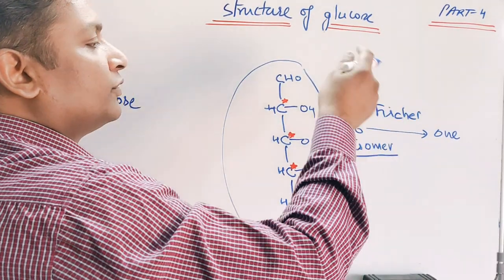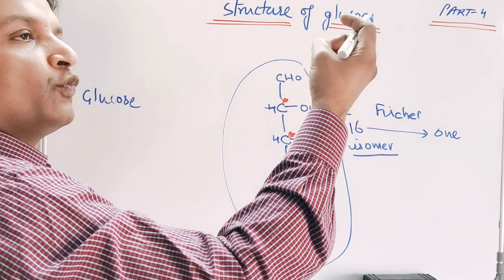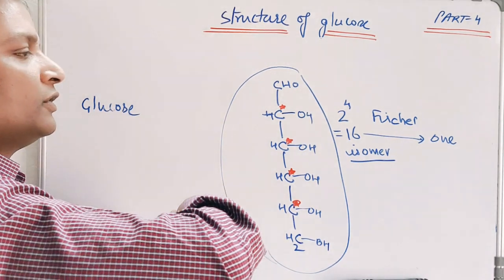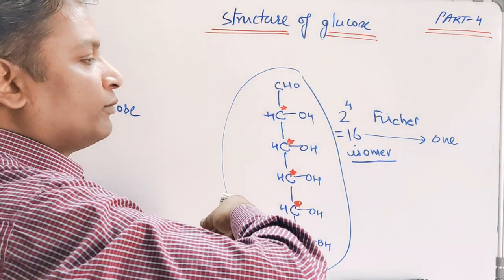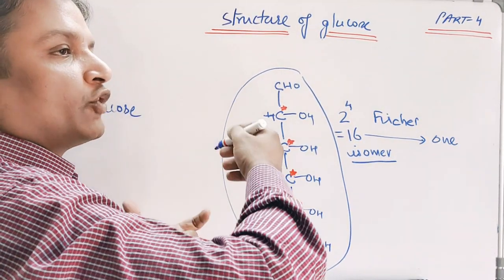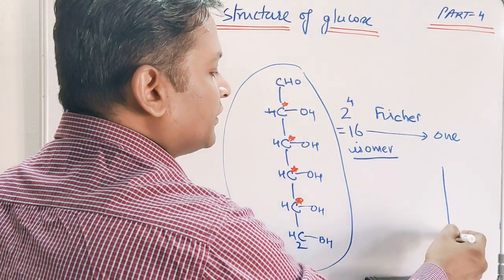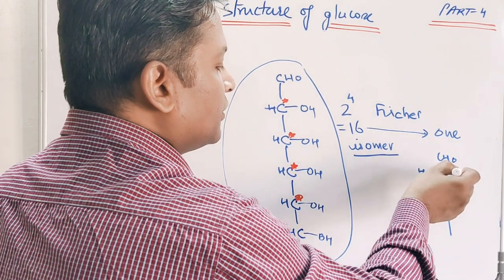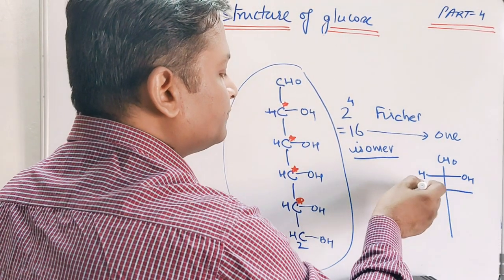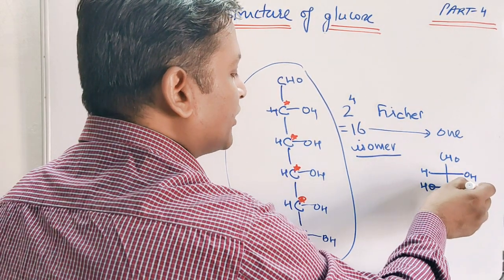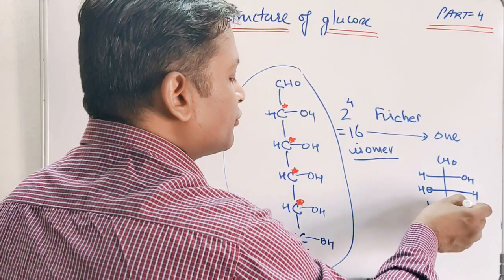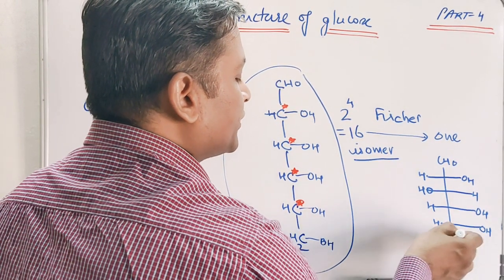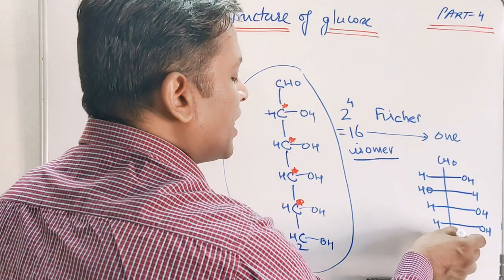Fischer was the scientist who actually determined which of the 16 is the isomeric form of glucose, and he was successful in writing the complete configuration of glucose. I will explain how Fischer determined the configuration of glucose out of 16, and which configuration belongs to glucose.